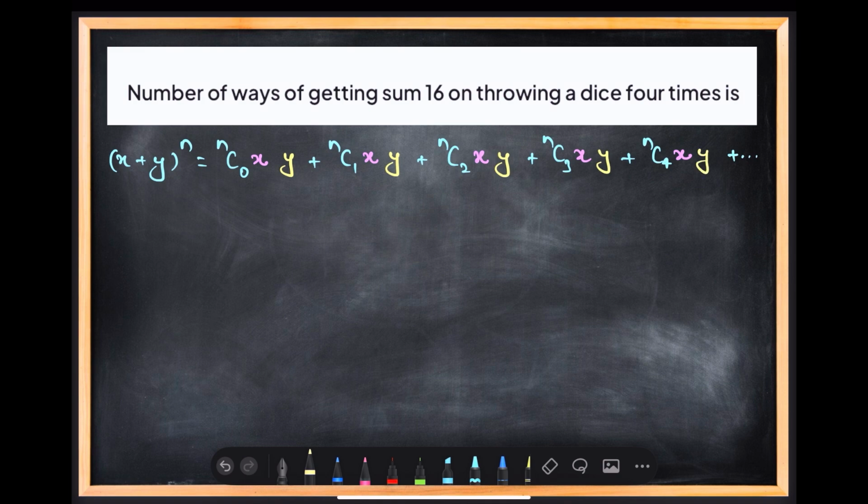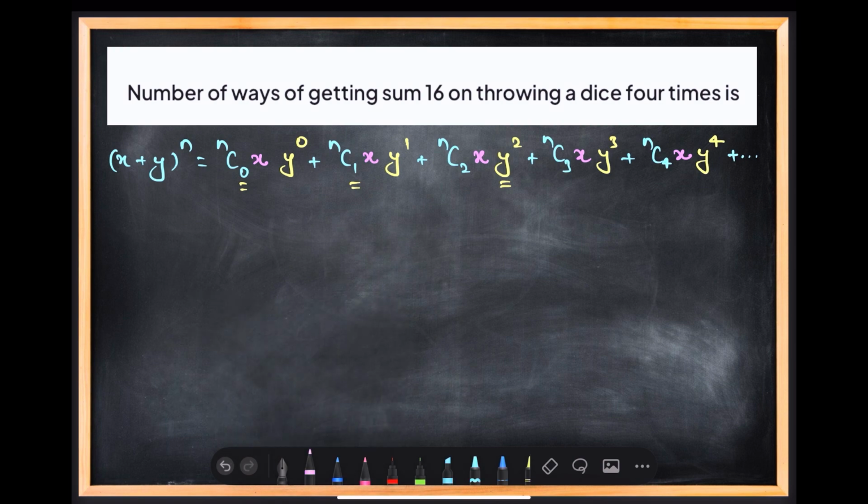Look at the lower subscript of C. The lower subscript of C is 0, so the same number is taken as the power of y. Lower subscript 1, so y takes 1. Lower subscript 2, so y takes 2. Lower subscript 3, so y takes 3. Lower subscript 4, so y takes 4. So y is the second entity.